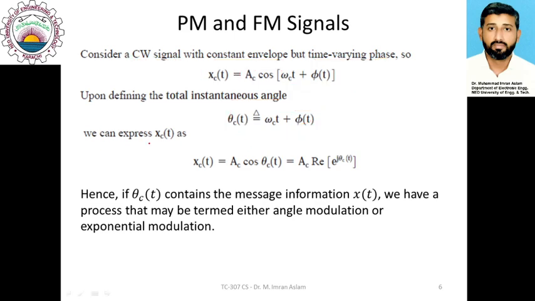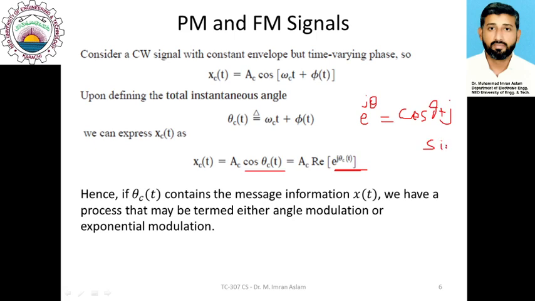We can also represent x(t) in exponential form. We know that cosine is the real part of e raised to the power j theta. From Euler's identity, e raised to the power j theta is cos theta plus j sin theta.